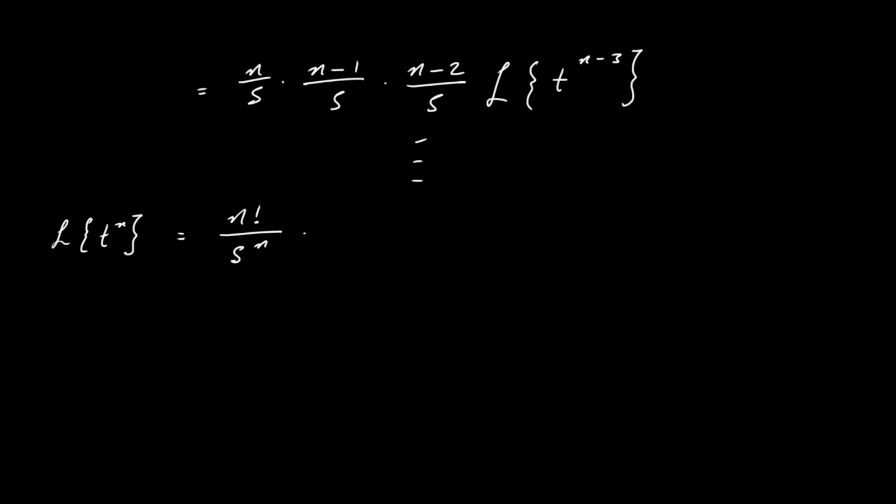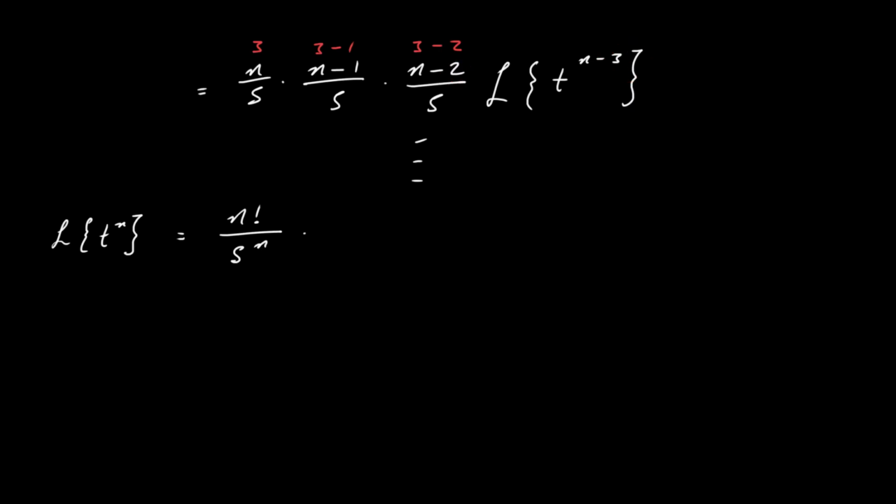Now, if you were to look at this here, let's say again that n was equal to 3. So we'd have 3 times 3 minus 1, which is 2, and then times 3 minus 2, which is 1. So that's our 3 factorial, 3 times 2 times 1. But this number here is always 1 less than this number here, or 1 greater than it if you take the minus into account, but the absolute value is 1 less than this number here.